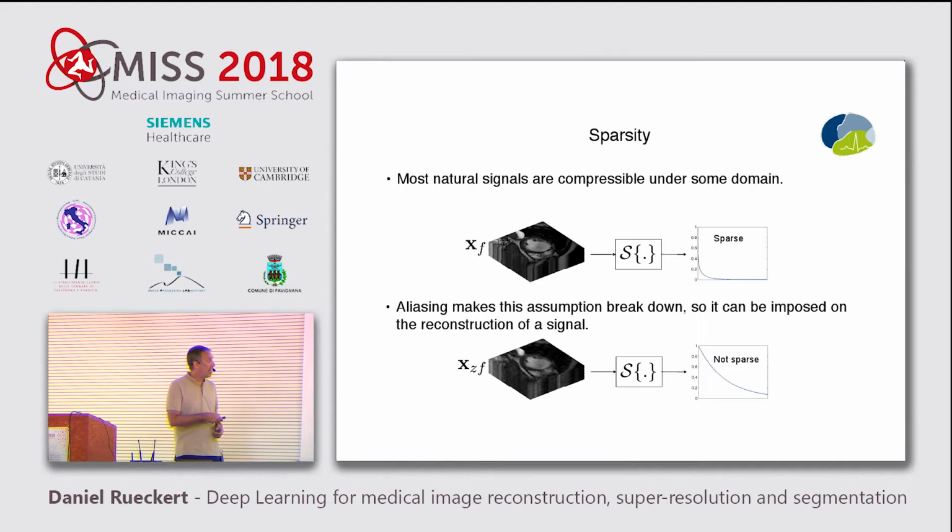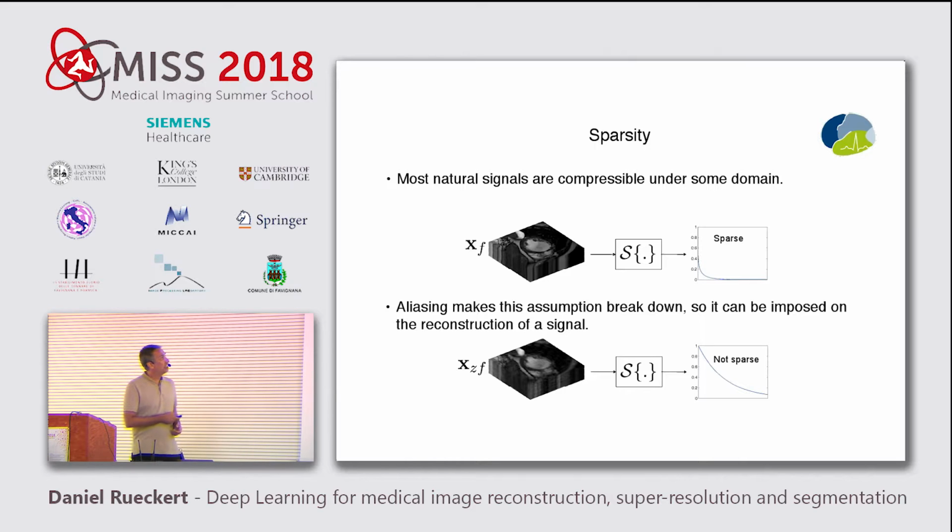So if you apply a sparsity transform to this data set, you need many more non-zero coefficients to represent the data. Okay? That's the key idea of sparsity. And the idea is now that obviously the top image is a good image, very sparse, and the bottom image has a lot of non-coherent artifacts and therefore is not sparse. And what I can probably do is maximize the sparseness of my data.